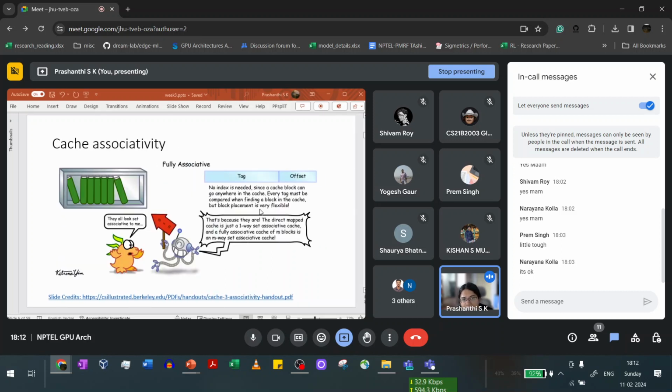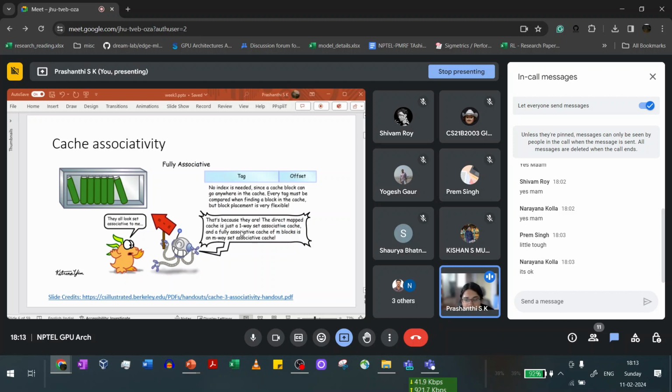Here instead it's very difficult to find it, because every tag must be compared when you look for the block. But again, it's very flexible, so you can put it just about anywhere. So these are logically the 3 schemes that you can think of.